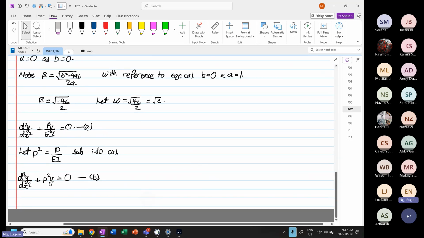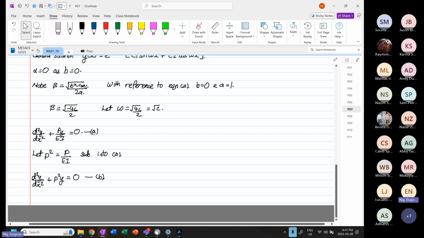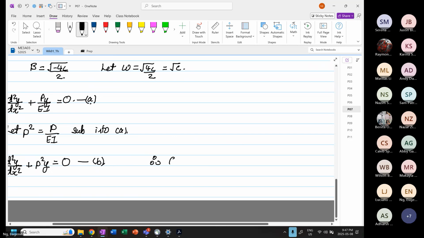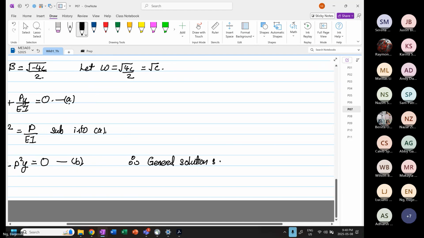So therefore the general solution will be y as a function of x is equal to c1 sine px plus c2 cos px.